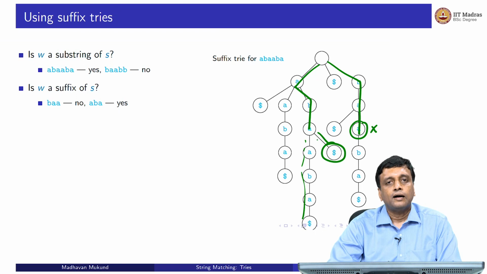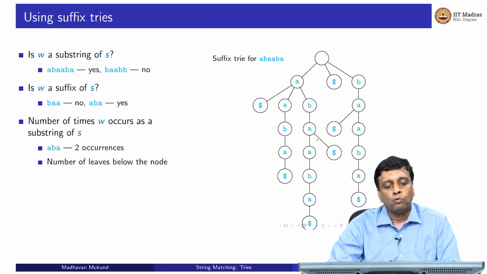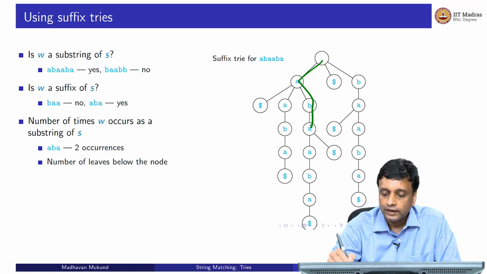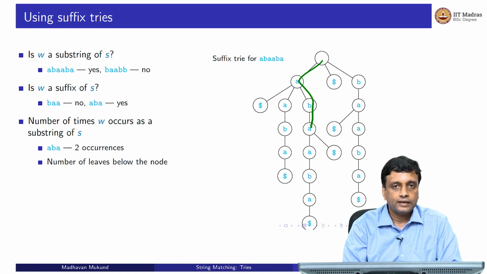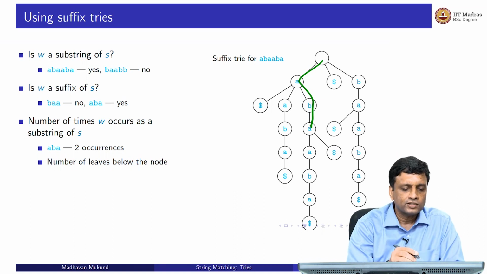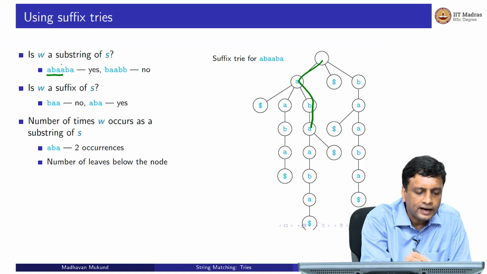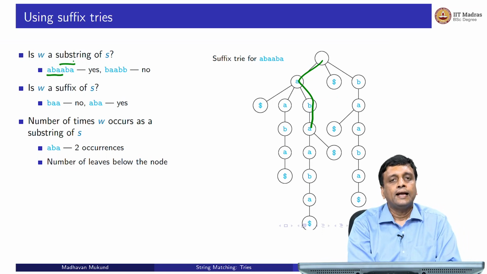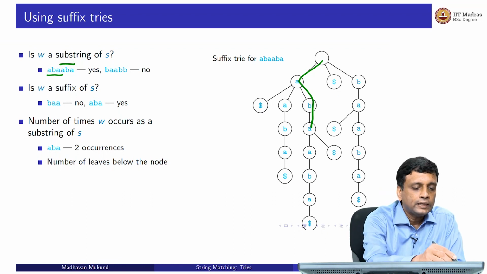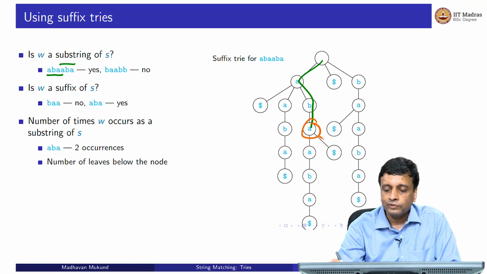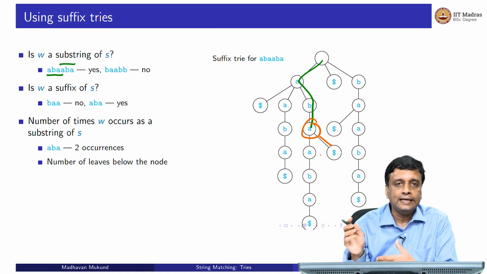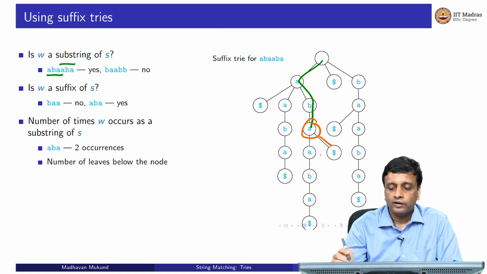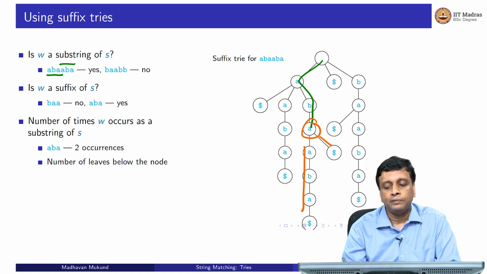Then we also talked about the number of occurrences. Supposing I want to know the number of times that ABA occurs. So I come down to ABA. Now every time it occurs, there will be a completion. If it occurs only once, there is only one way of completing ABA, but if it occurs twice, as in this case, ABA occurs here and ABA also occurs here. It occurs in the beginning and at the end. So if you look at the node for ABA, the completion where ABA is the tail end substring is just an immediate dollar, whereas the completion where it is the initial part is another ABA followed by a dollar.